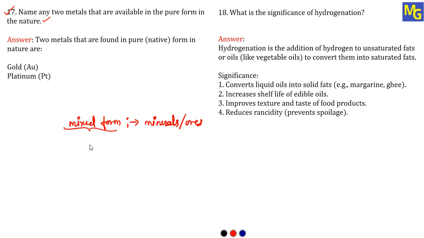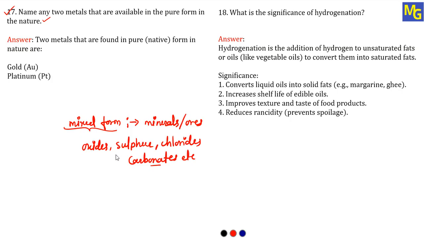They will react with the gases present beside it, and they will be present in the form of oxides, sulfides, chlorides or carbonates, etc. For example, you may get magnesium in the form of magnesium carbonate, magnesium chloride or magnesium oxide.